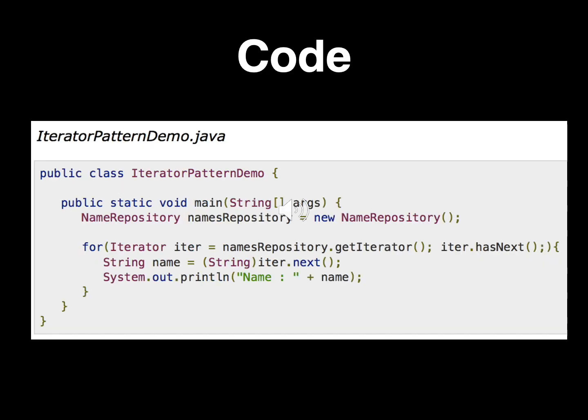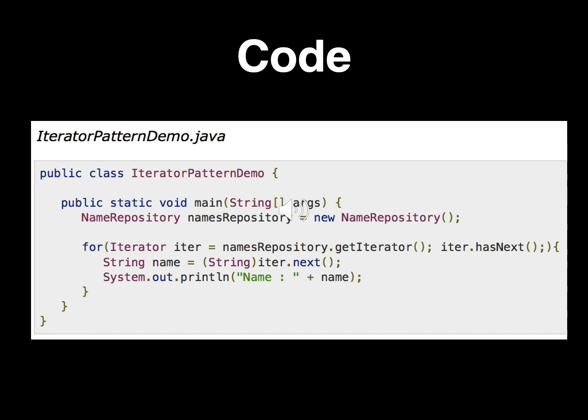This is our demo class. Inside this we have the main method. You can see that in the first line the NameRepository instance is being created, and to access the elements of NameRepository we are not accessing them manually, but we are using the iterator. And simply you use the reference of the iterator inside your for loop. You can see that there is the starting and the terminating condition. The loop is initialized with the start of the iterator.